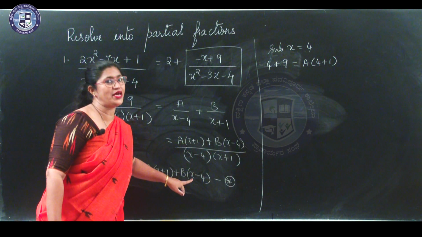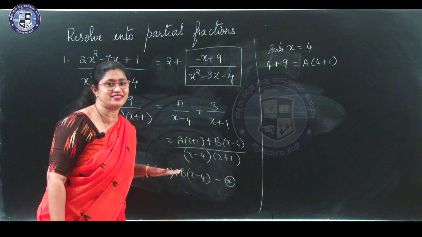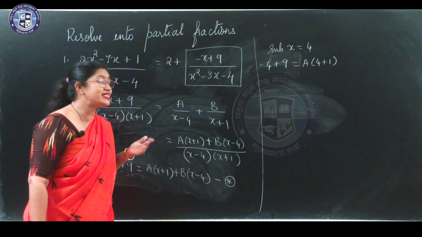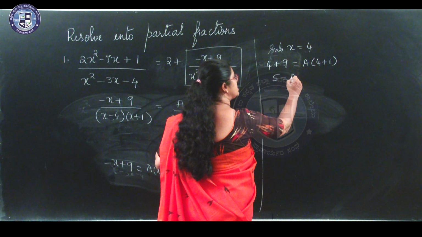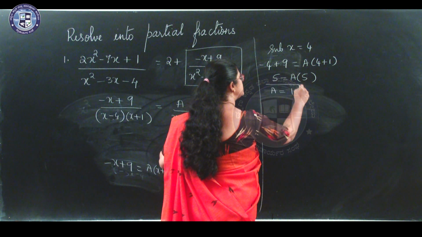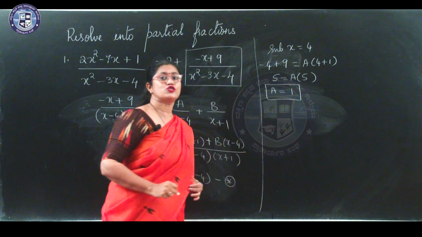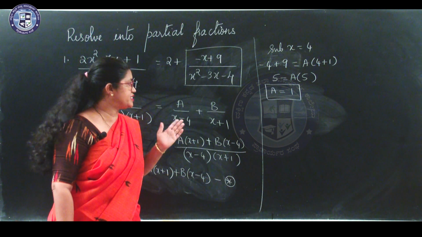And here we know when I put 4, this factor becomes 0, b gets eliminated directly. So I can directly calculate the value of a. 9 minus 4 is 5, equal to a into 5. So this gives me a is equal to 1.